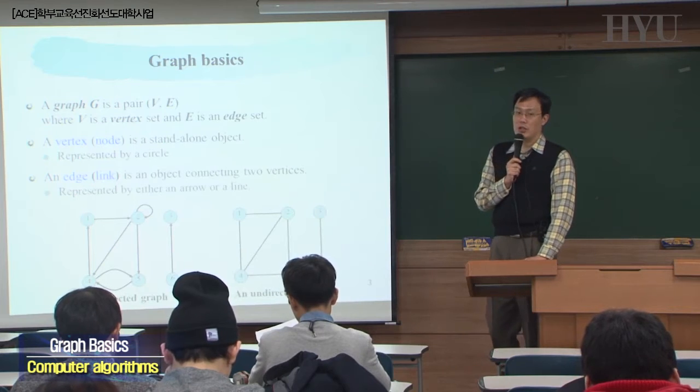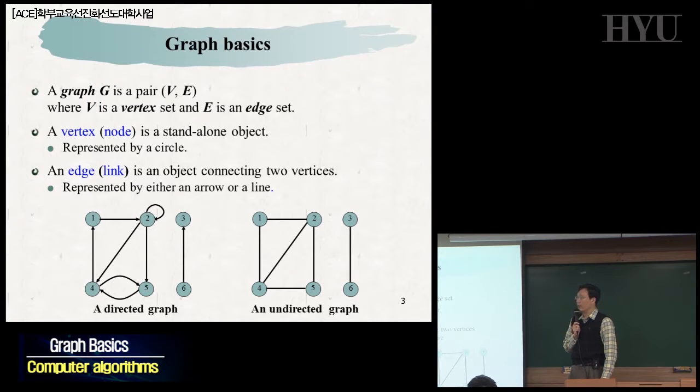A graph G is a pair V and E. V is a vertex set and E is an edge set. A vertex is a standalone object, and it is usually represented by circles. An edge is an object connecting two vertices, and it is represented by either an arrow or a line.